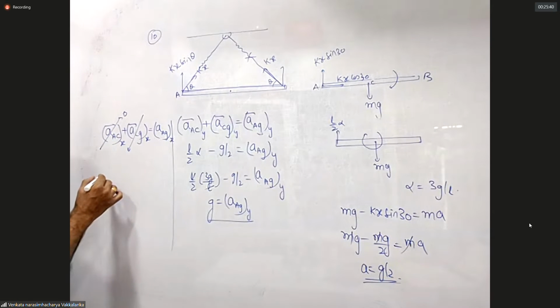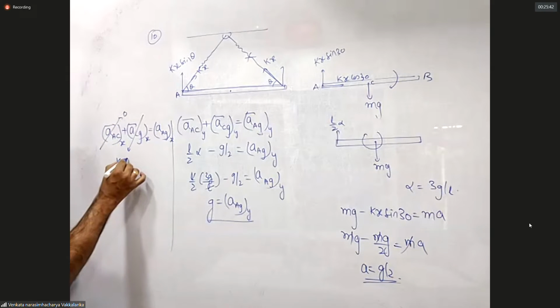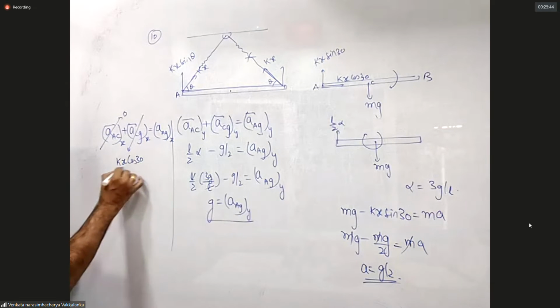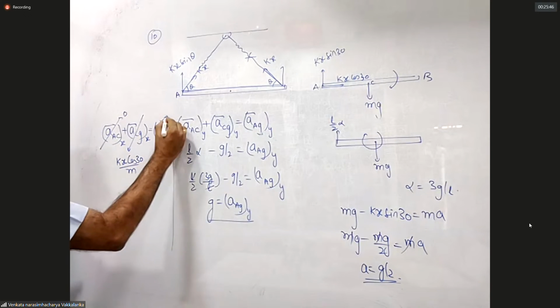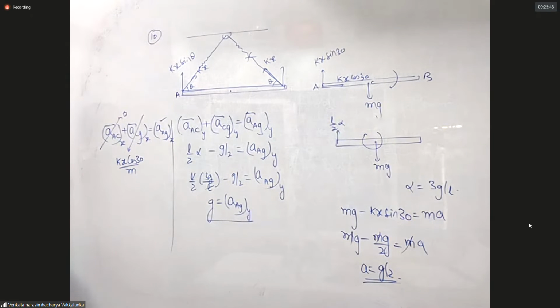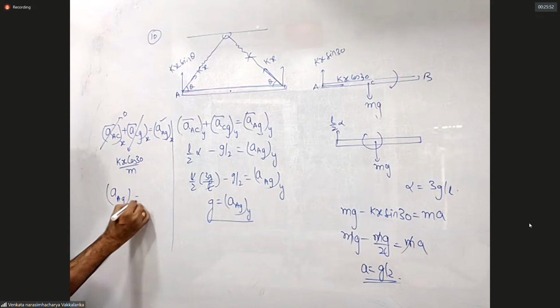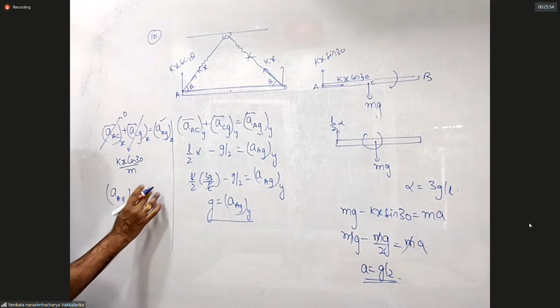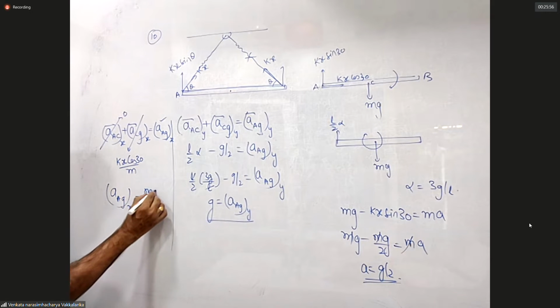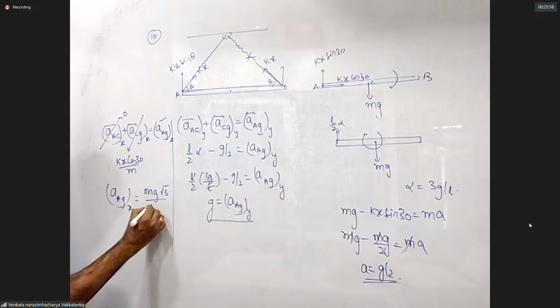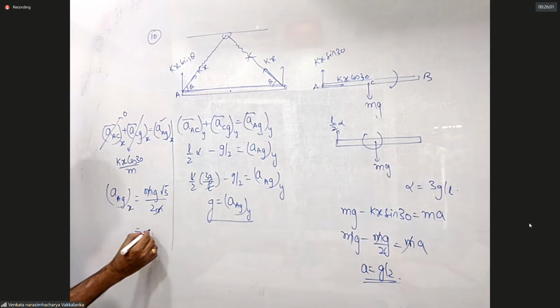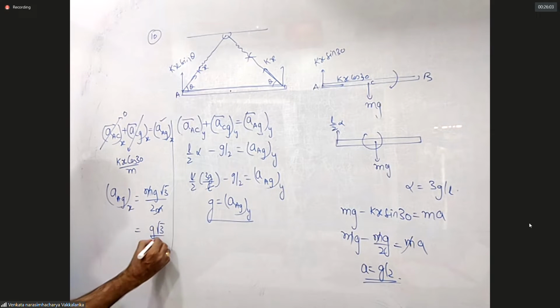Acceleration of center of mass with respect to the ground in the x-axis is kx cos 30 by m. I'll get the acceleration of A with respect to ground. Acceleration of A with respect to ground along x-axis is kx cos 30 by m, which is mg root 3 by 2m. This will be g root 3 by 2.